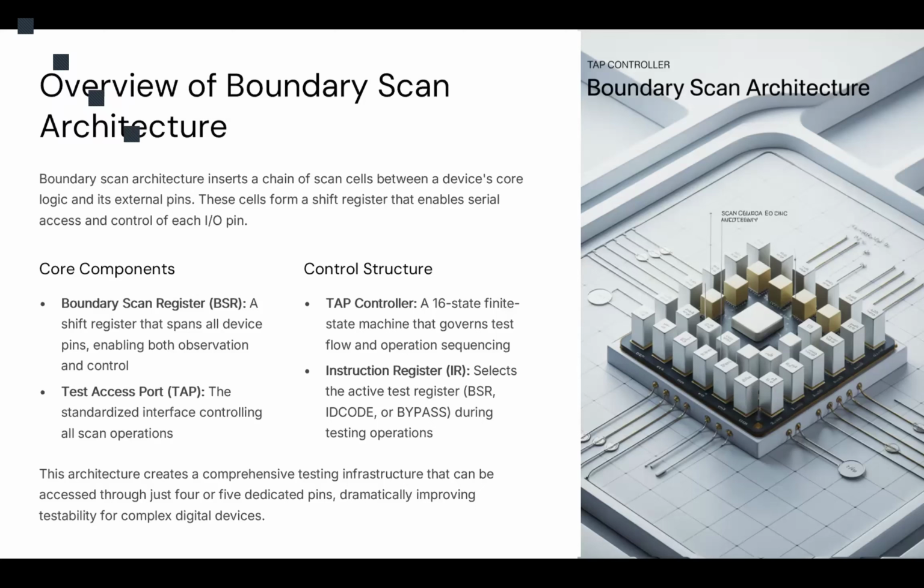What that means is that it allows the behavior of all the input-output pins to be manipulated independently from the core logic circuit that we have. It gives us a system that can operate in synchrony with the test signals and gives us the ability to have a predictable and synchronized data flow through our system.